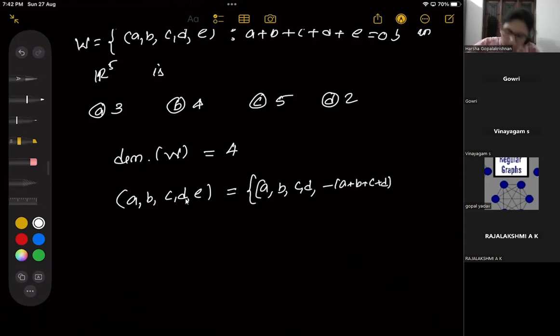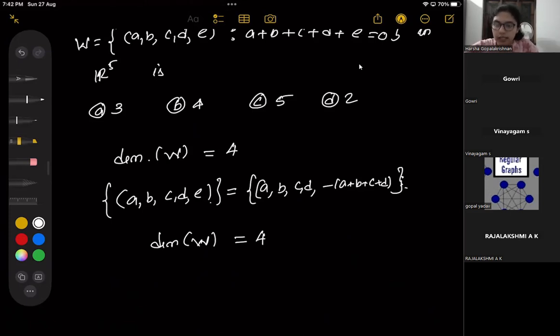It is the set of all such vectors, where these A, B, C, D are elements in R. Is this clear? So only 4 variables means dimension of W equals 4. If you have this kind of question, you just need to write all possible things. If some variable can be written in terms of other variables, just write it like that.